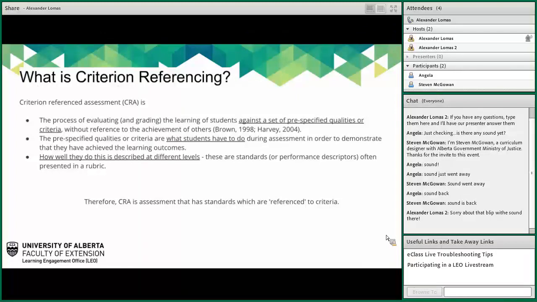These pre-specified qualities, the things you want the students to be able to do or think or show, are not judged in comparison to other people. They're judged against a set of criteria. That's one of the differences between criterion referencing and normative referencing. These criteria, or qualities, are what students have to do during the assessment. So that's really quite important.